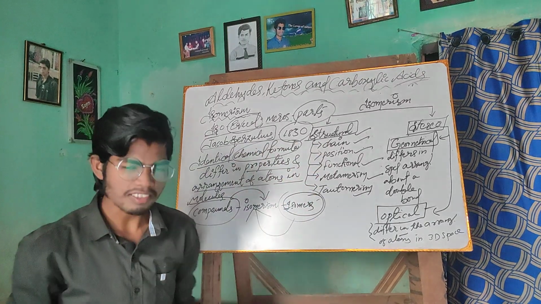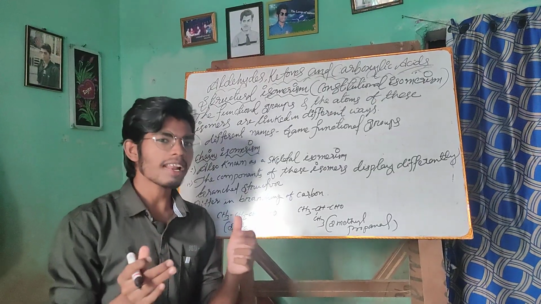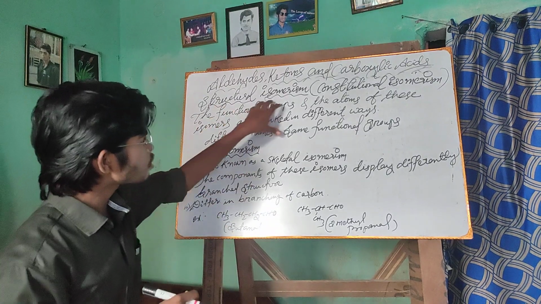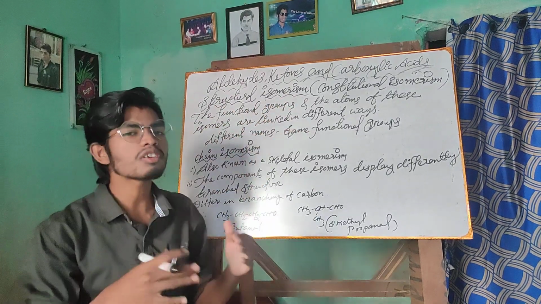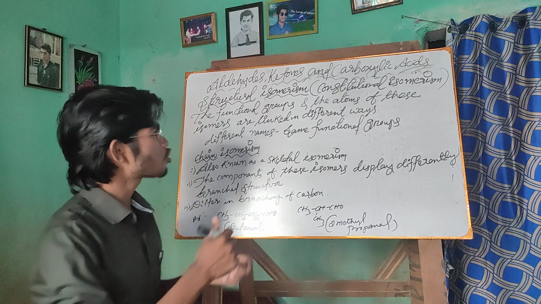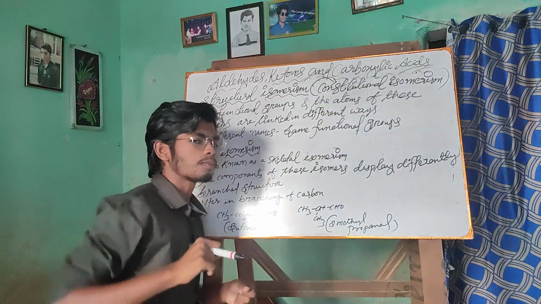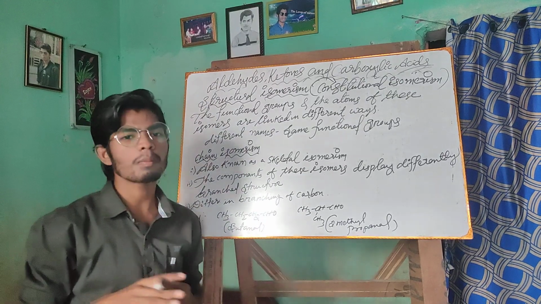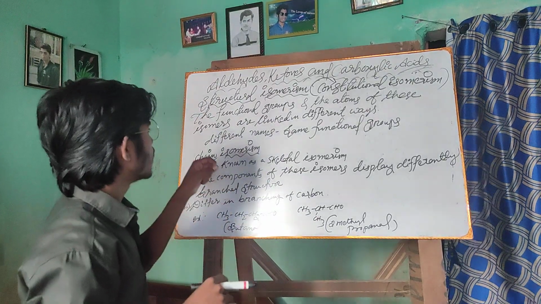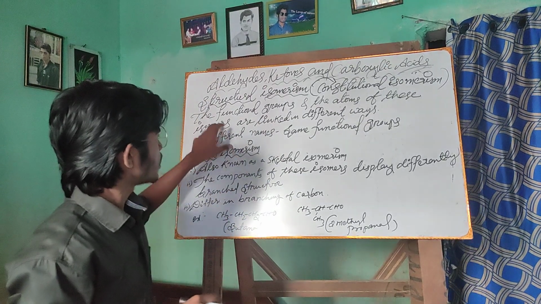about structural isomerism. So what are structural isomers? Structural isomerism is basically a phenomenon, and it is also known as constitutional isomerism. This is one of the most relevant points that we need to remember here. So what is structural isomerism?